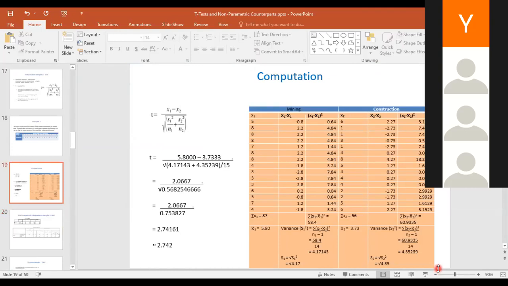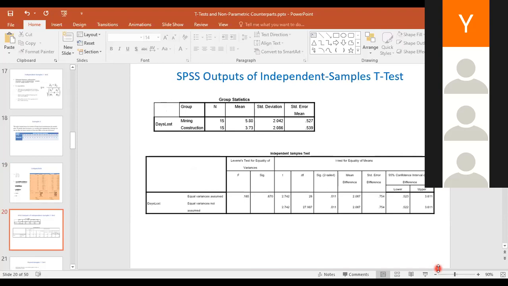So let's run it. So where is the data set that they lost to absenteeism? That's the name of the data set. Who has it there? Let me share.